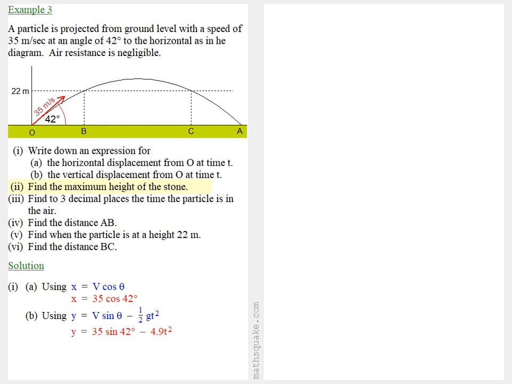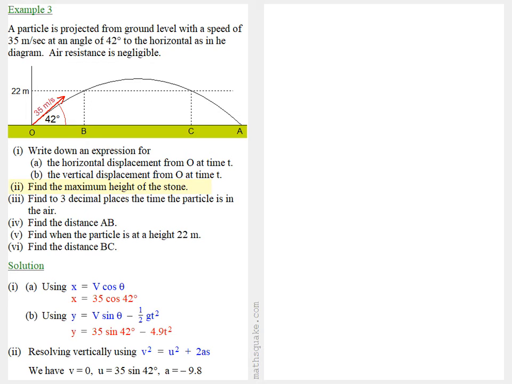Now in part 2 we're asked to find the maximum height of the stone. We can do this resolving vertically using v squared equals u squared plus 2as. Now at the maximum height, the final velocity v will be 0, and we know the initial speed is 35 sine 42, and the acceleration a is minus 9.8.